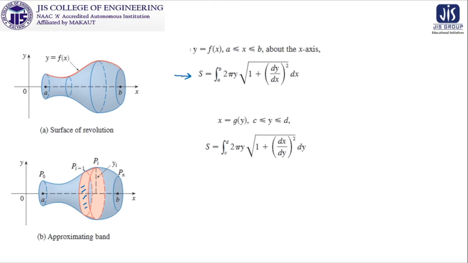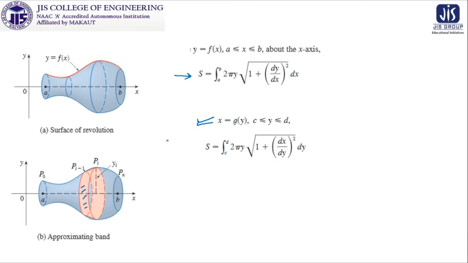And if we think about it in reverse, that means if this is generated by the rotation with respect to the y axis, not with respect to the x axis, then our function will be in terms of x equal to g(y). Like the previous discussion in the last class, we have volume of revolution generated with respect to x axis rotation, and sometimes with respect to y axis rotation.